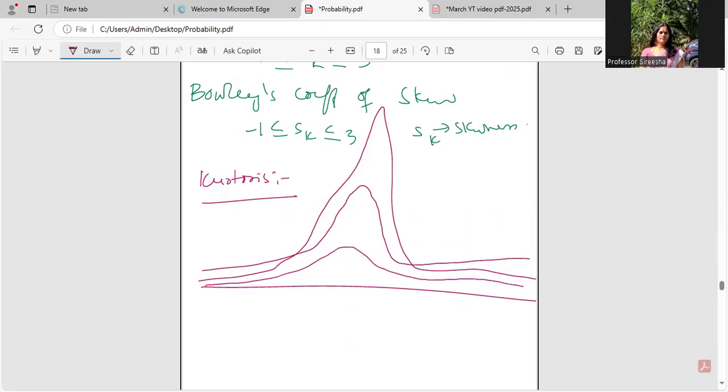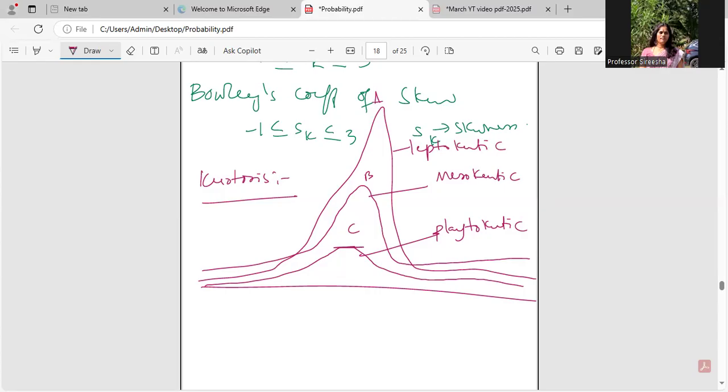I can clearly see this one is more flat, so it is platykurtic. Let me call this one C and this one A. Curve B is called mesokurtic: neither too flat nor too peaked. The last one, A, is leptokurtic: too peaked. The normal one, neither peaked nor flat, is mesokurtic. The flat one is platykurtic.